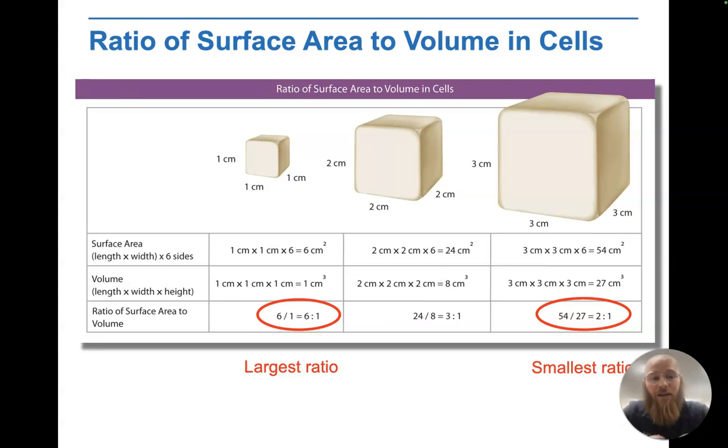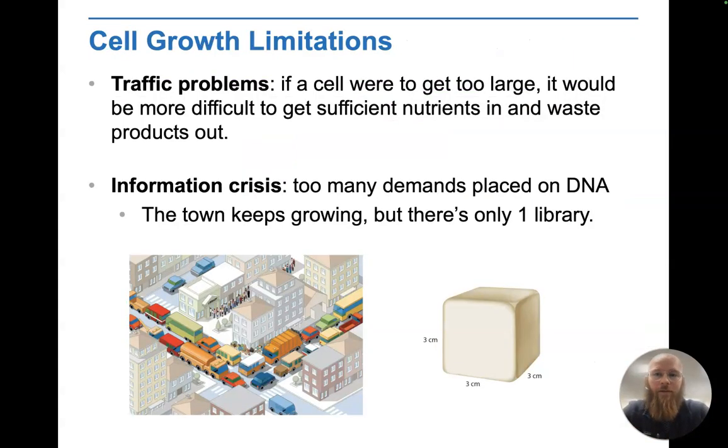And as we continue to increase the overall size of the cell, what happens is that eventually the overall volume that we need to serve is greater than the amount of cell membrane or outer boundary that we have to actually serve it. And so we're going to hit these limitations, and the really easy way to remember what's happening and why we actually end up needing to divide cells before they get too large, you can think of the analogy of a city.